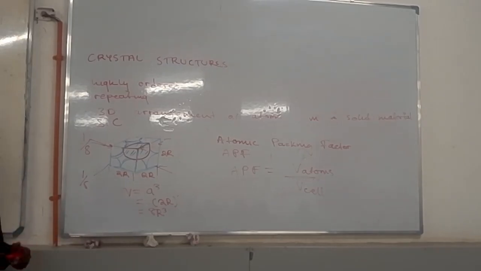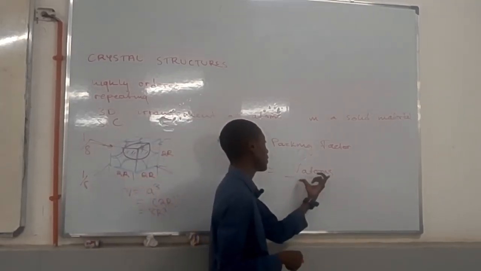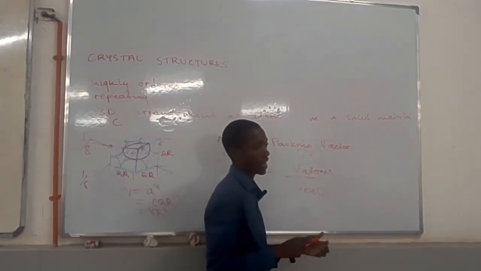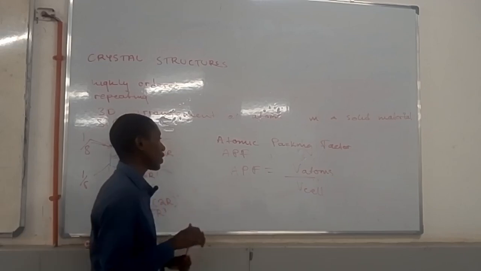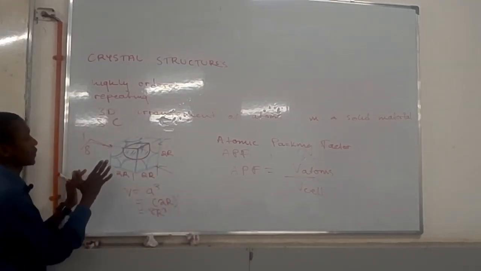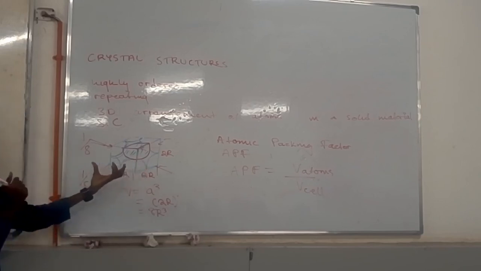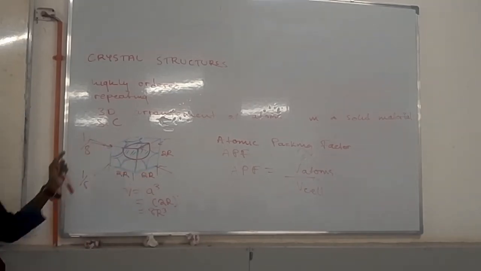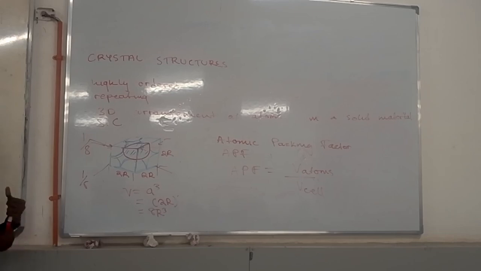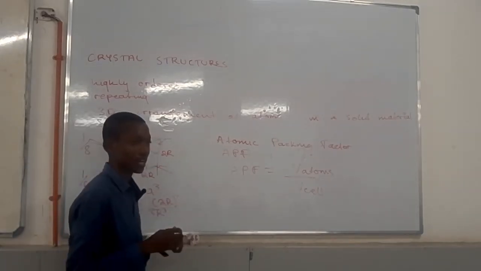So we need to calculate the volume of the unit cell and also the volume of the atoms. We have already determined the number of atoms inside the simple cubic. Simple cubic just has 1. So we need to find the volume of this 1 atom.